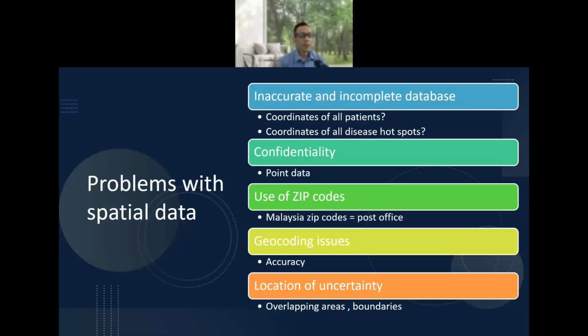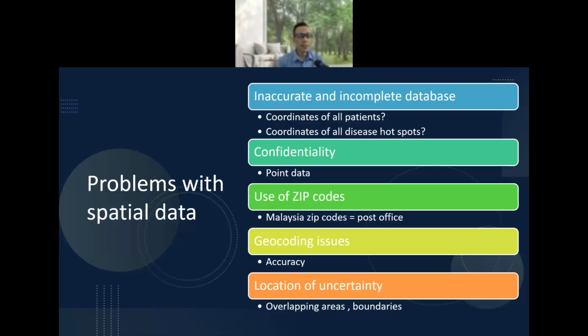Use of zip code, or postcode. In Malaysia, the postcode refers to the post office that serves the area. It does not refer to the location of the residential address.